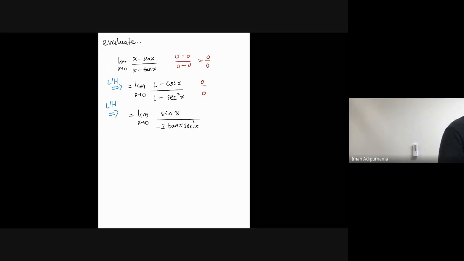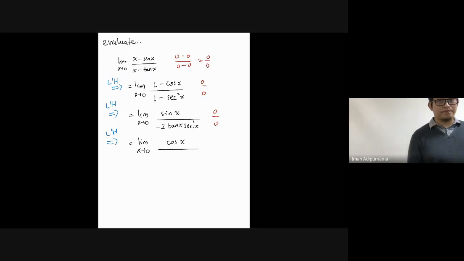If you check, it's still 0 over 0, right? Maybe you want to take L'Hopital one more time. So it will be cos x over, and then tangent times secant squared.